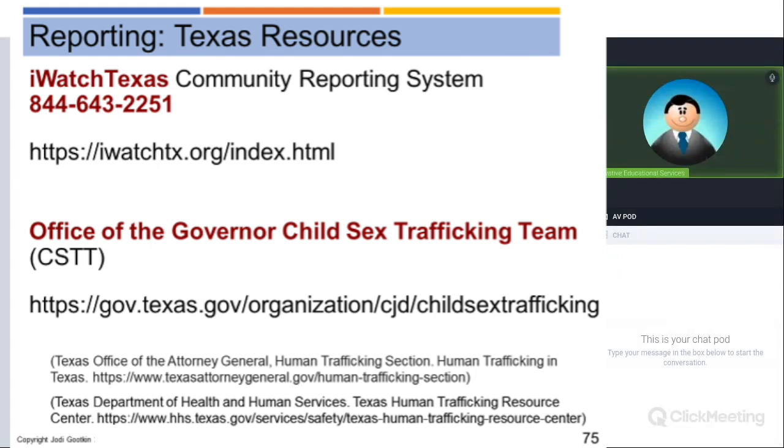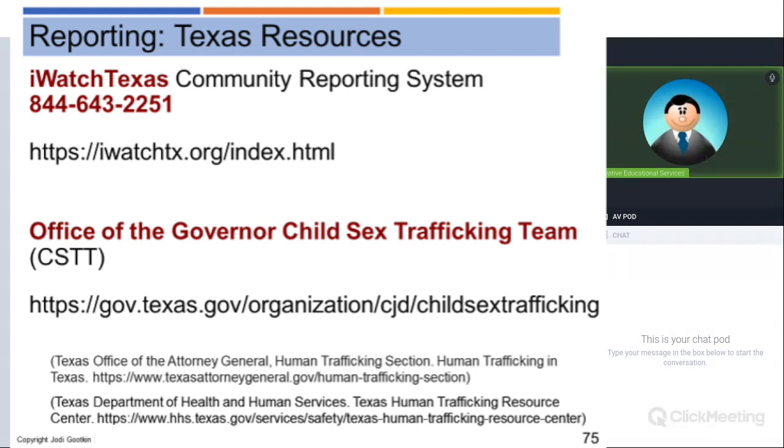The Office of the Governor of Texas Child Sex Trafficking Team, on their website, they provide many different resources that are focused on protecting children from sexual exploitation, resources on how to recognize signs of the sexual exploitation, and then also links to different organizations and contact information to help the child victims recover, support their healing, and then also bring justice to those who exploit the children.